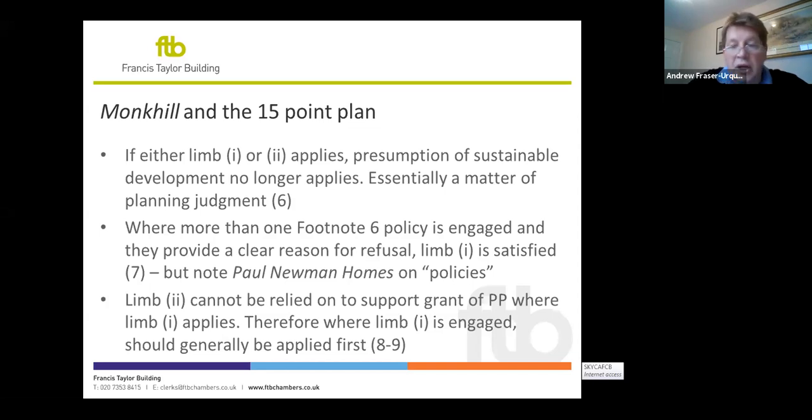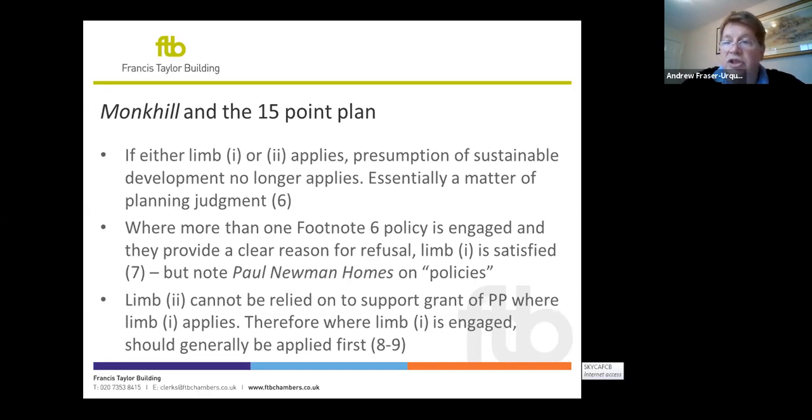Where more than one policy in footnote 6, so this is our exclusive list of policies which are sufficient or may be sufficient on their own to justify refusal if they provide a clear reason, where more than one of those is in play. So for example, if your site's in an AONB and also has a heritage asset which is affected, they can provide a clear reason for refusal in combination.